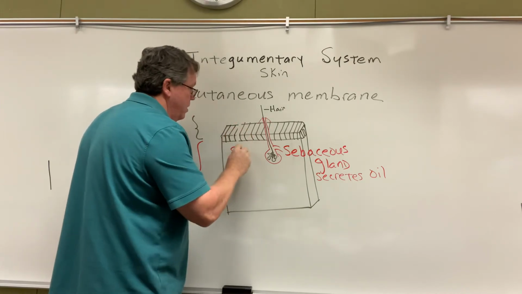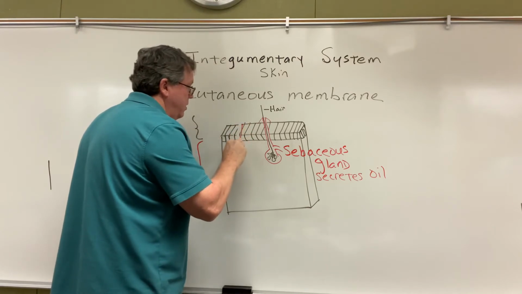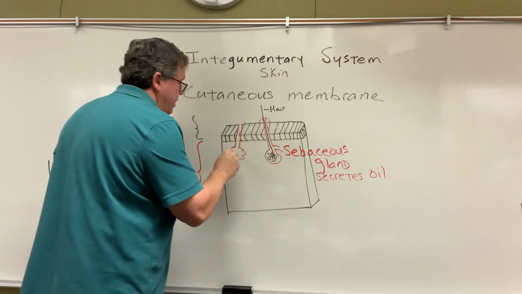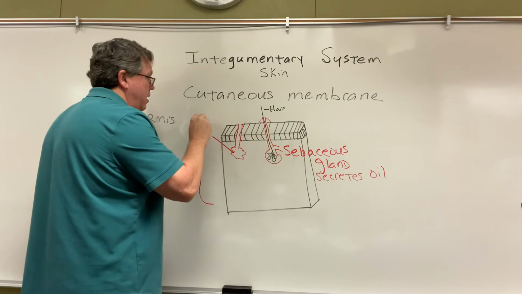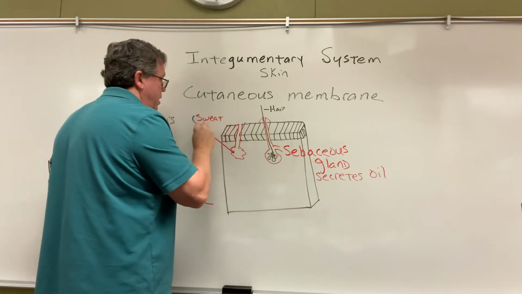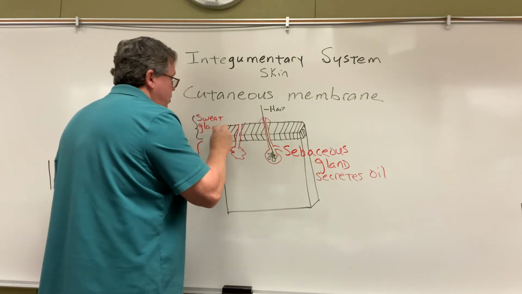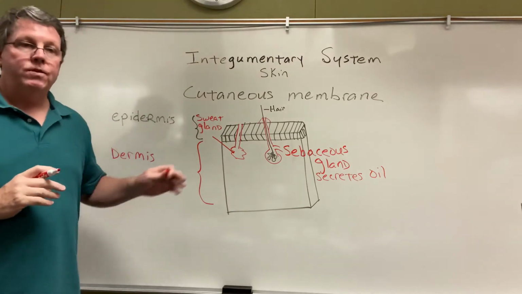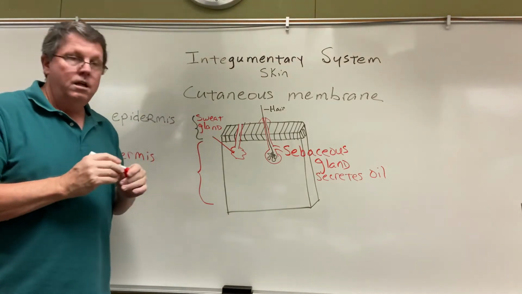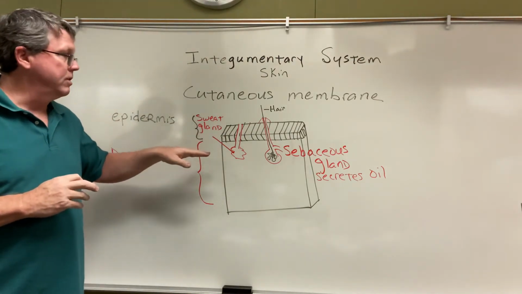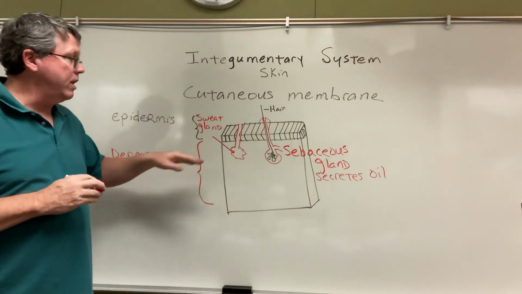Let's just draw those coming up and going onto the skin. So I'm going to have a sweat gland in here. Okay, and sweat glands are more of the endocrine system or the exocrine system than actually the skin. Well, it's actually a combination of both. So I'm going to have sweat glands in there.